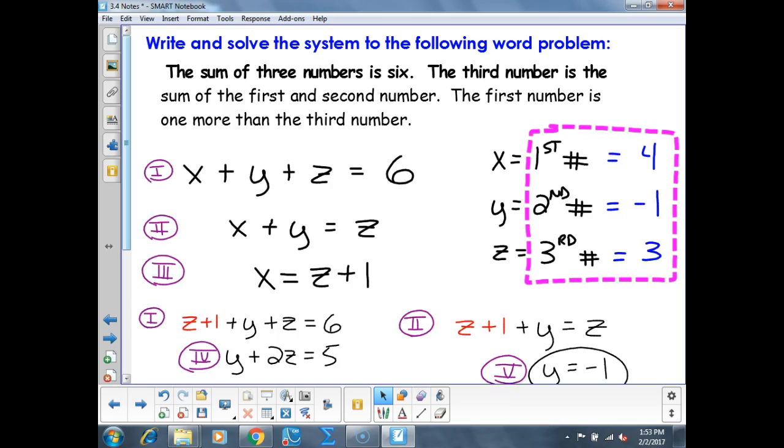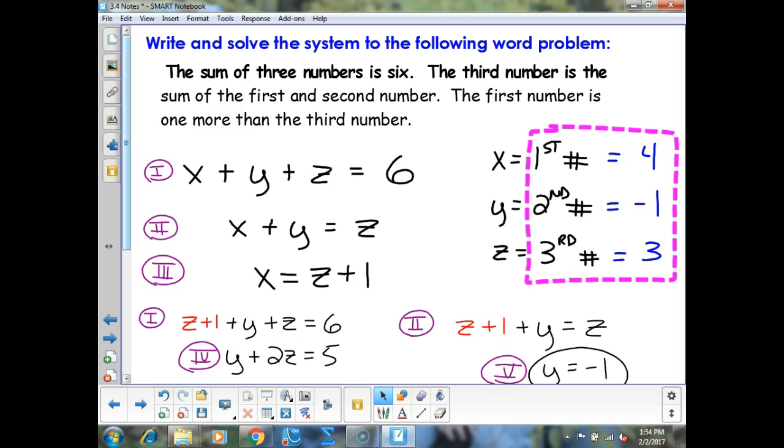Now, can I just say the three numbers are 4, negative 1, and 3? I have to put them in order, not in an ordered triple. I have to go, the first number is 4. The second number is negative 1. The third number is 3.